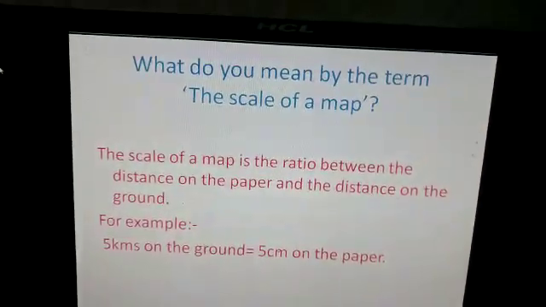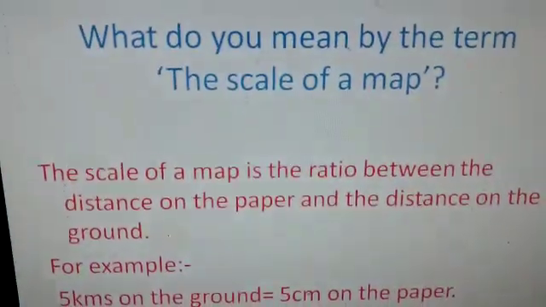Another feature of the map that we are always using in maps is scale. Scale is always helpful to make the maps bigger and smaller as well.